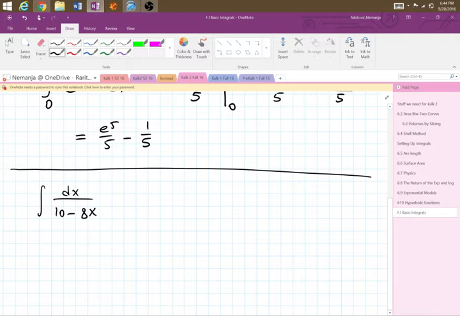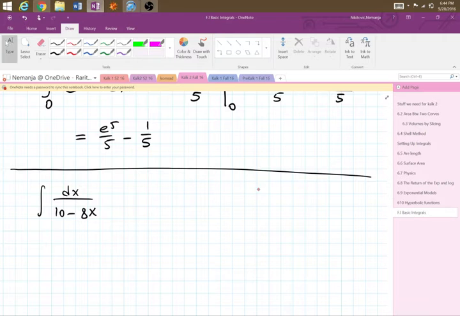When you're solving integrals, especially when you move later on in chapter 7, there should always be these questions when you see a problem. First question is always, is this a basic integral? And the answer is no, right? Immediately. If it was dx over x, then it's a basic integral. But because it's dx over 10 minus 8x, it's not basic. And then the next question is immediately, can I use u sub?